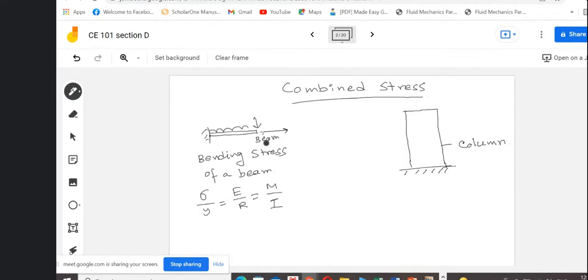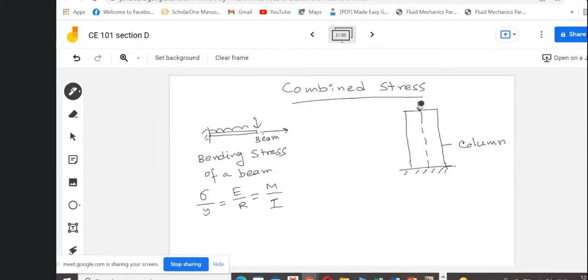Whereas for a column, the load acts in the same axis as the member. That means if this is the axis of the column, which acts vertically, the load coming from the other parts of the structure will come vertically to the column.